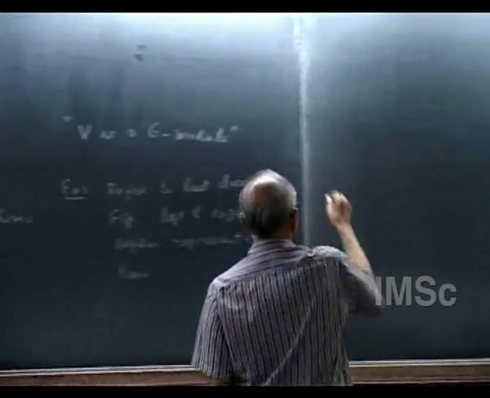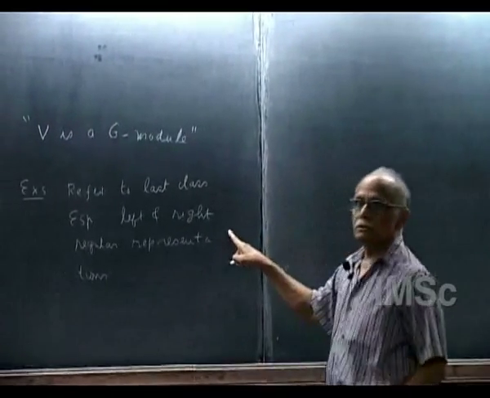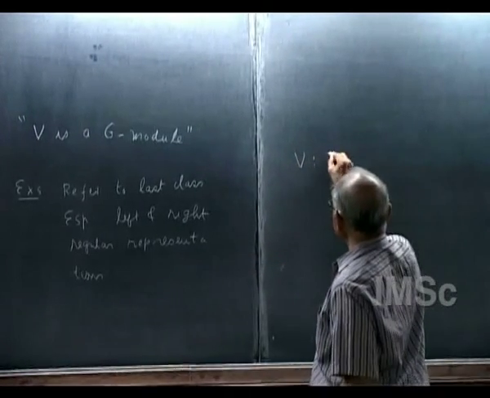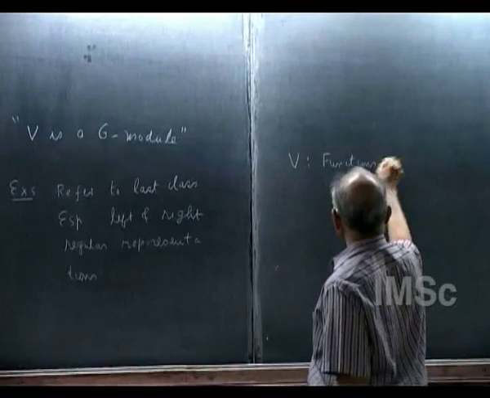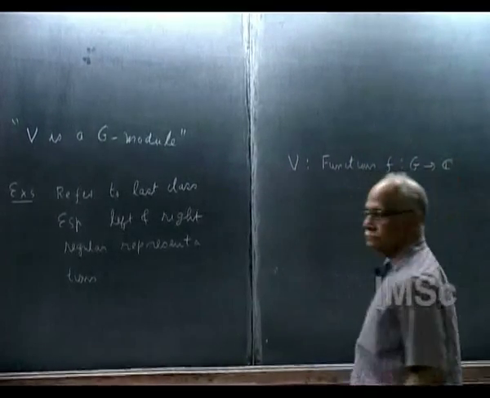In these representations, V are functions f which map the group G to complex numbers.